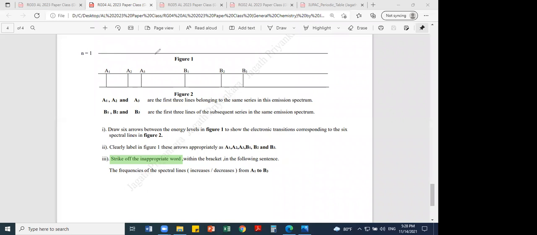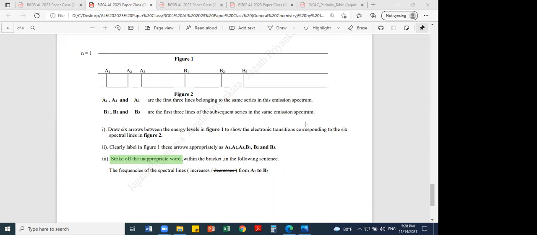Right. So what should be struck off now? Frequency of the spectral lines increases or decreases from A to B. The answer is increases. Then which one should we omit? The word decreases we have to cut, no? The answer is increases, so this one I'll cut with a line like this. That's how you do it.